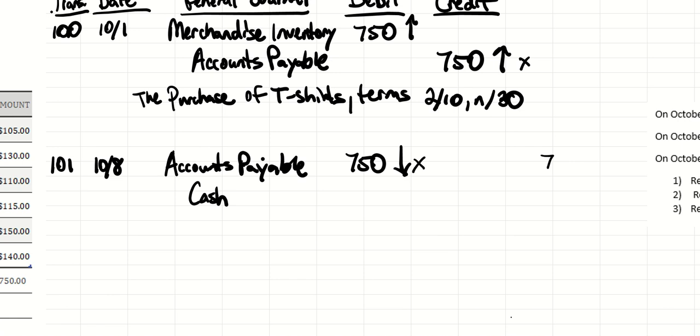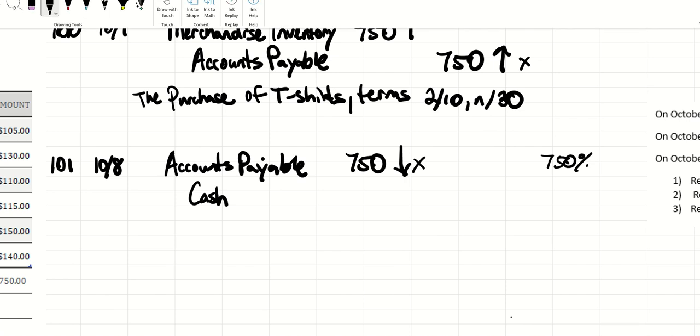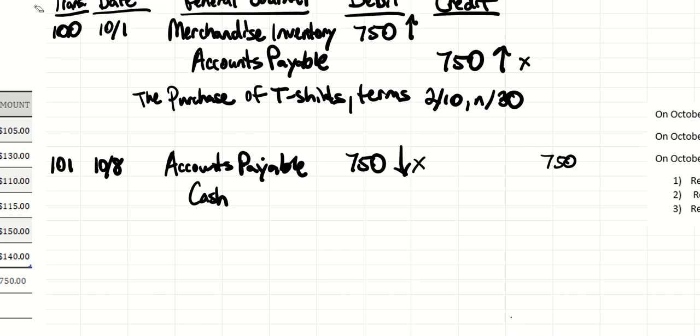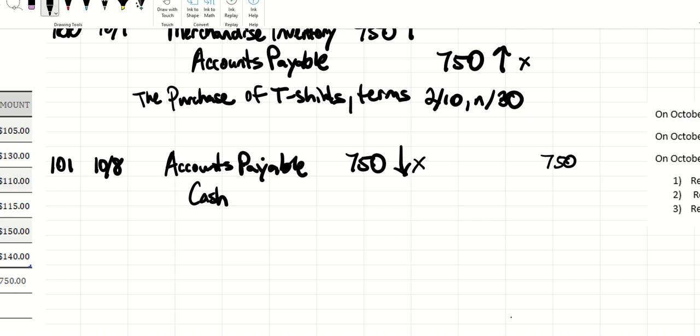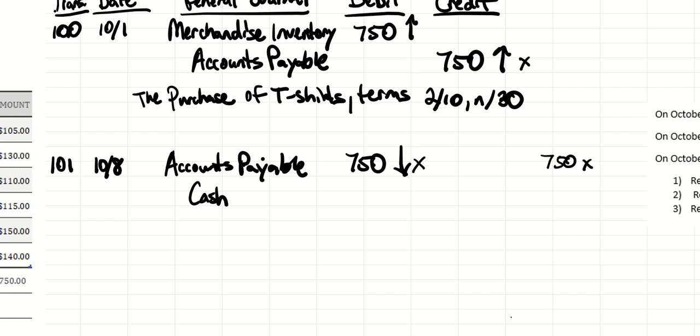So you're going to take $750. Now there are a couple of things that you can do. You can either take $750 and multiply it by 98% to get $735. Or you can take the $750, multiply it by 2%, and that's going to give you $15.